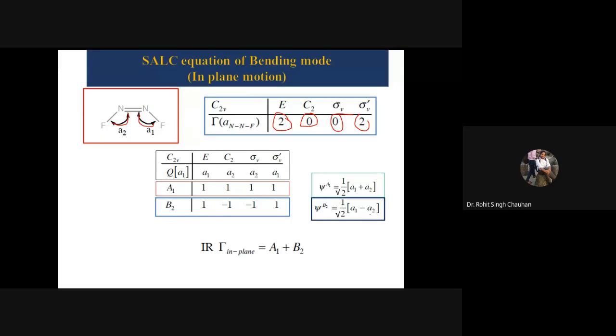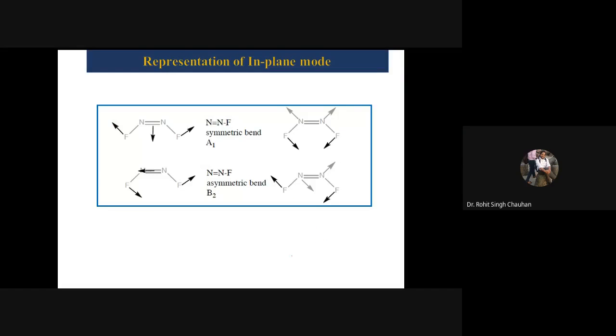So what can I say, the irreducible representation in plane is equal to what? 1 A1 and 1 B2. That's why I have written A1 plus B2, but this is in plane motion. Now I have shown you the mode of representation. In plane motion, for both the fluorines, if A1 is present, it means both the NF will move in the same direction.